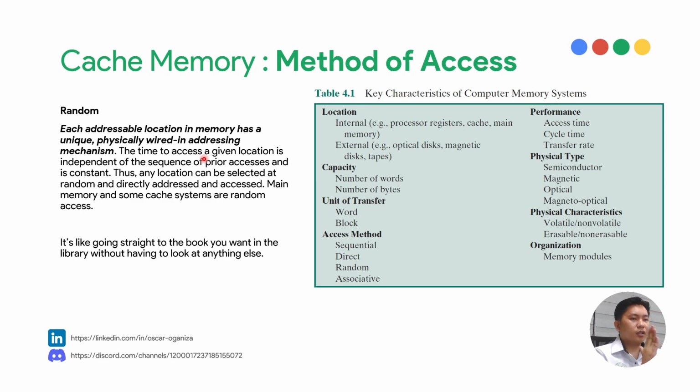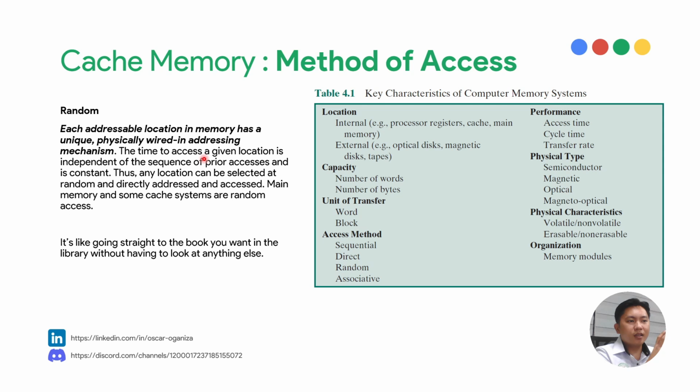Yung sequential mo is from page 1 to 100. Babasahin mo lahat. Sa direct is magiging narrow siya from page 90 to page 100. But in the random access method of access, pwede ka nang pumunta agad sa page 99.